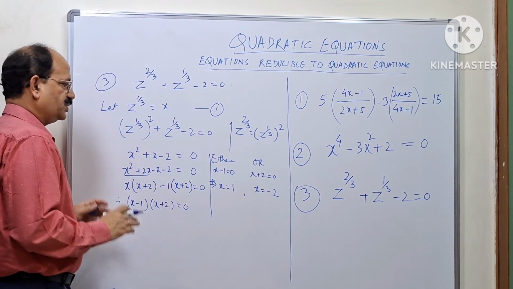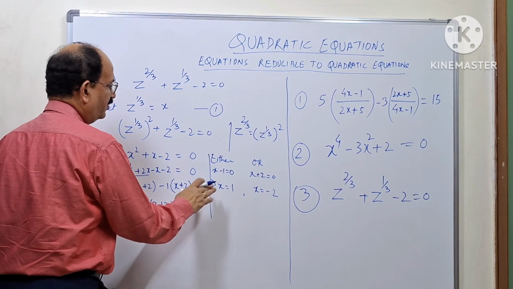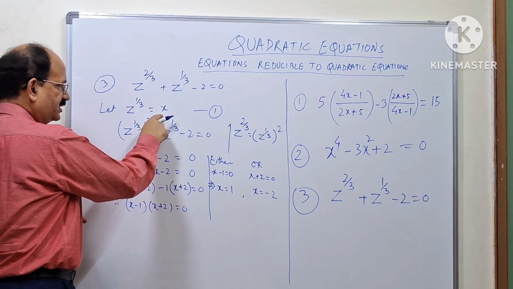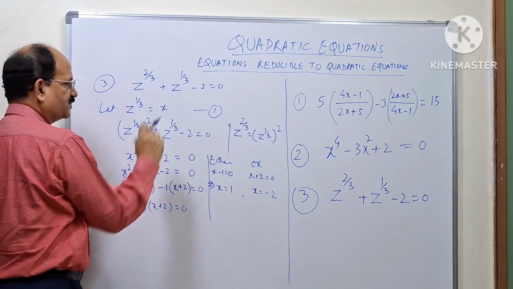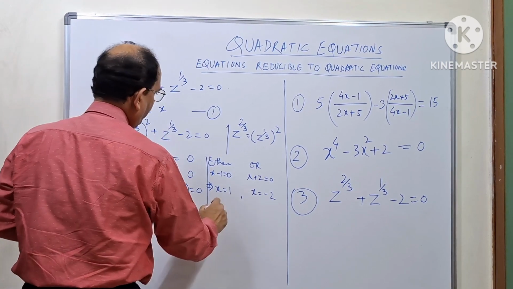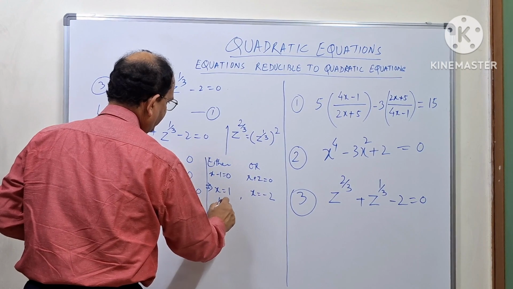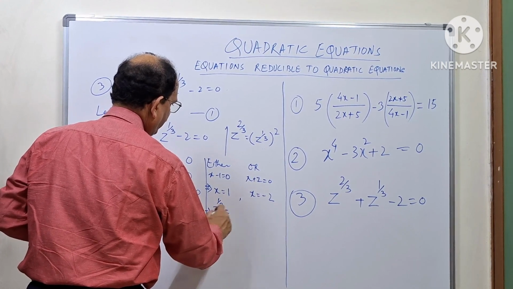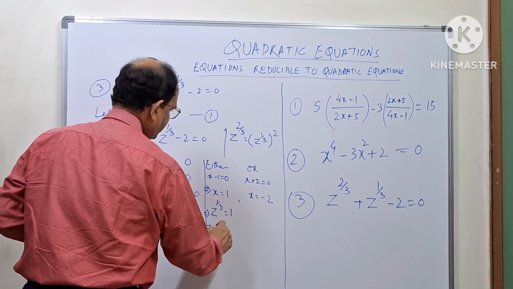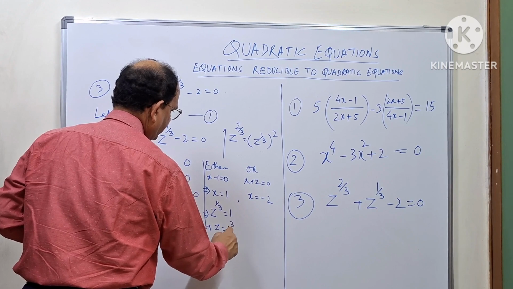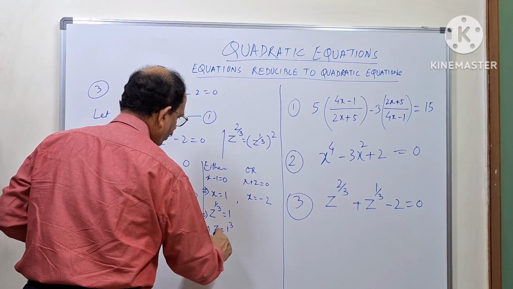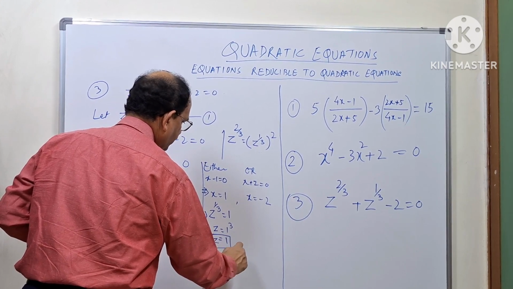Now be sure that you have to find z, not x. So you have to come back to the assumption and transform it into z. We know that x is equal to z to the power 1 by 3. So z to the power 1 by 3 will be equal to 1, and from that z will be equal to 1 to the power 3, which leads to z is equal to 1. So this is one solution.